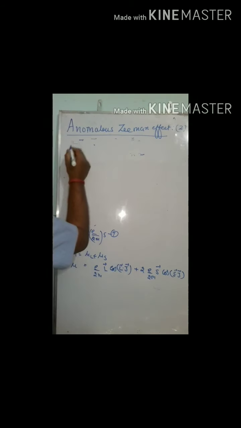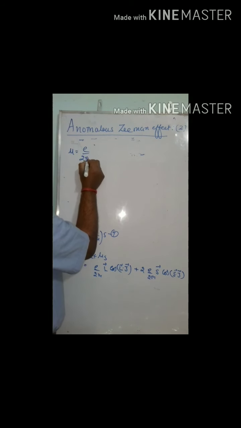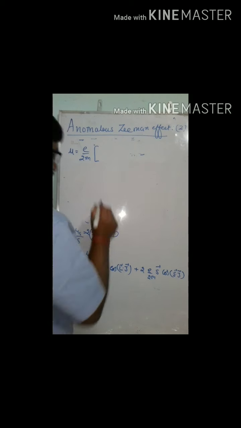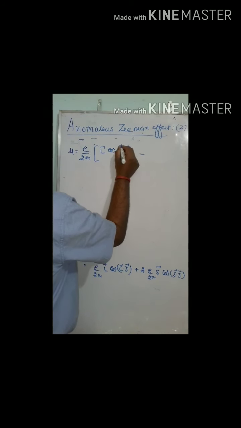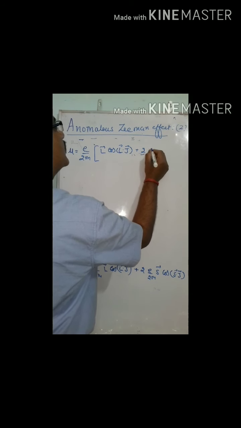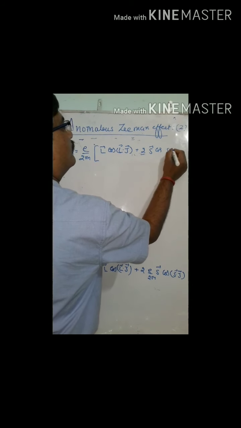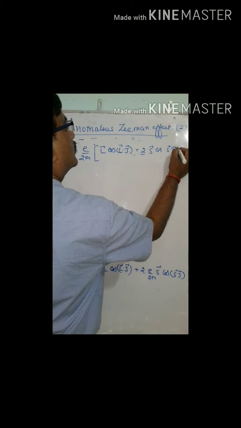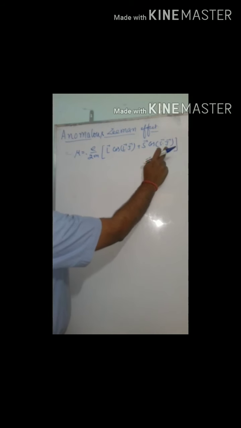So total mu is equal to e upon 2m taken out, and within brackets it is L into cos of LJ plus 2 times S into cos of SJ, right?